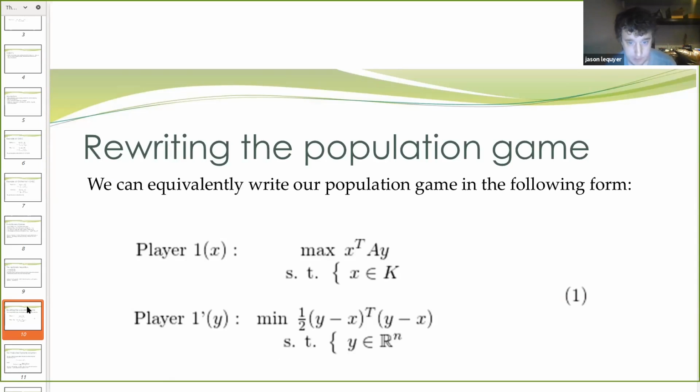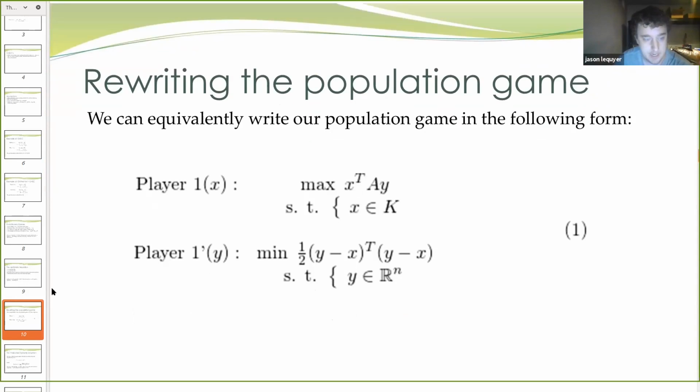So what we did is we tried to build a bridge between these two types of games. And because generalized Nash games are so broad, we tackled this from the angle of trying to express our population game as a generalized Nash game. And we were successful in doing this.